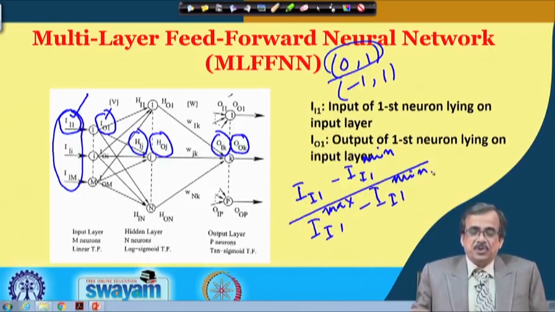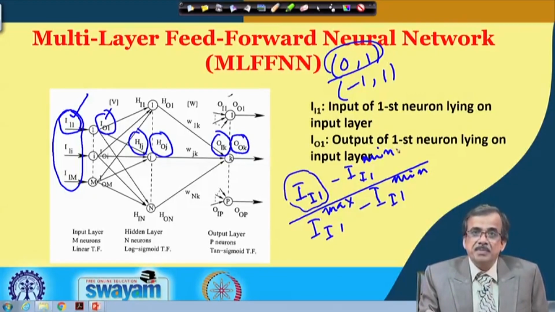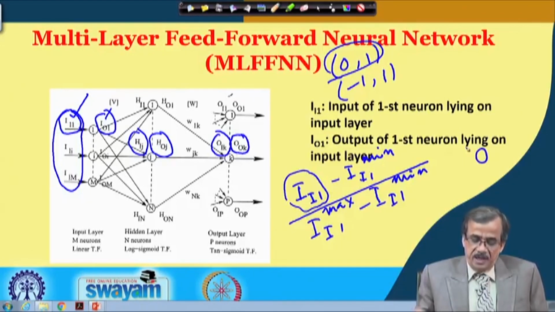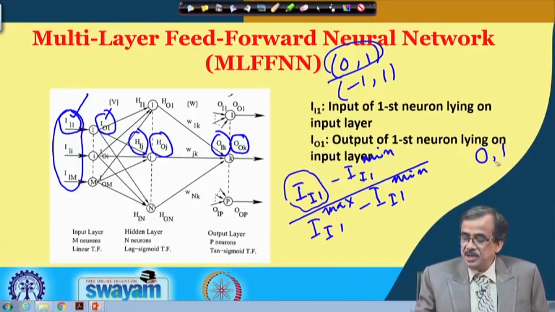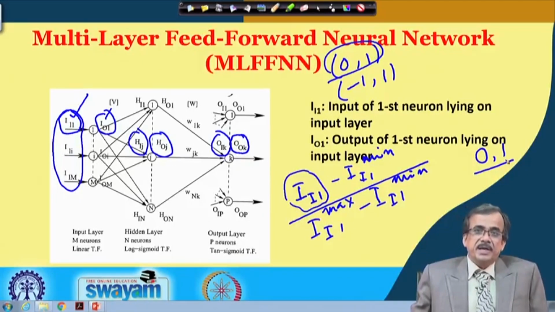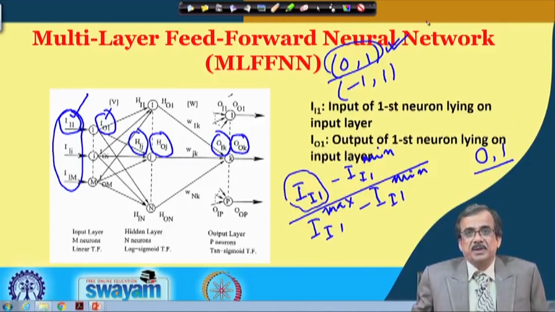Now, if I put I1 equals I1 minimum, I will be getting 0, and if I put I1 equals I1 maximum, I will be getting 1. So, this is the way this particular input is converted into the scale of 0 to 1.